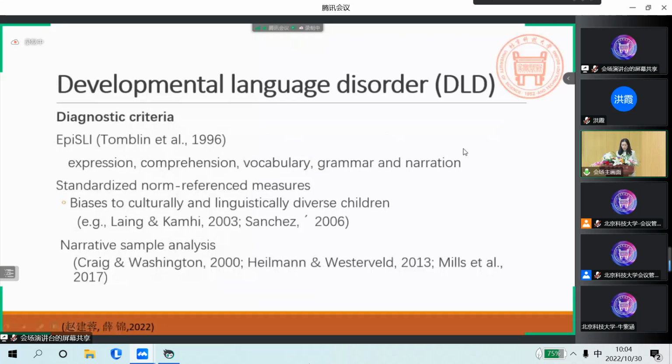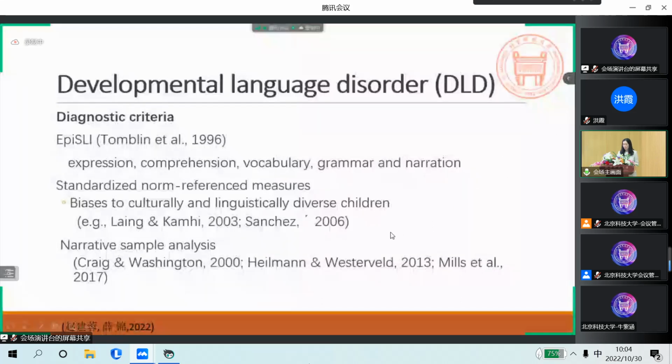However, this kind of standardized norm-referenced measures might have some problems, especially the biases toward culturally or linguistically diverse children.